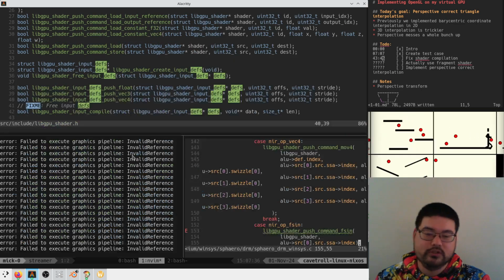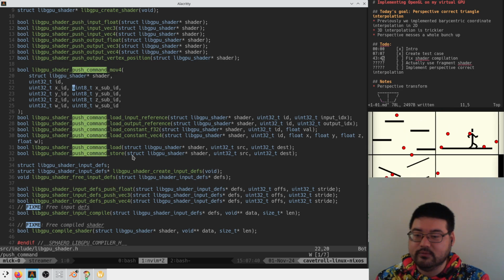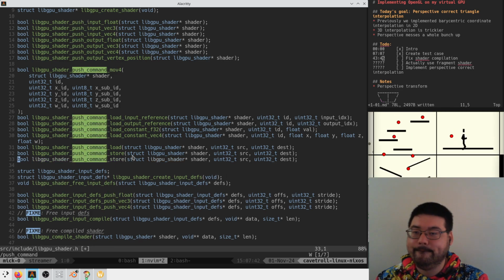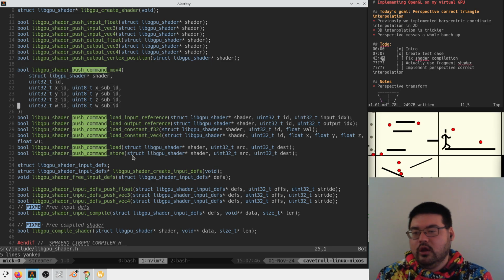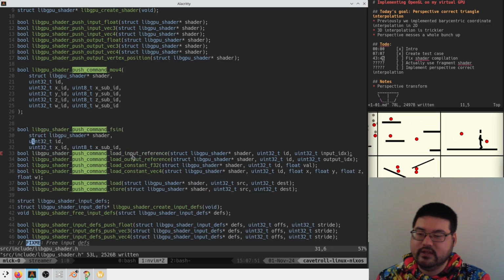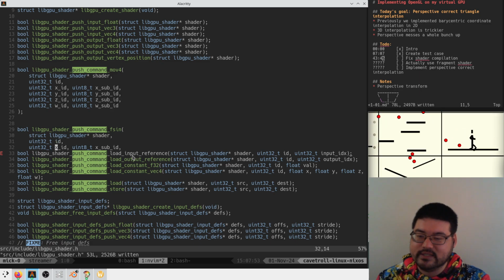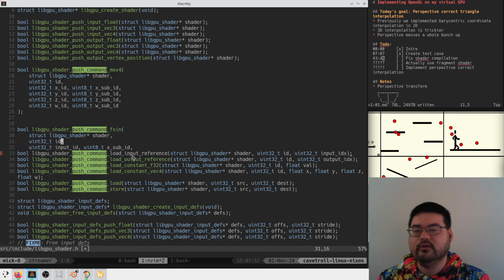So what do we call it? We called it push command fsign and fmol. So push command, and we'll just kind of, I guess, we have fsign, which takes in the output ID as well as the input ID.